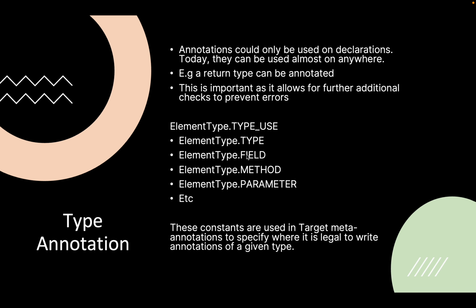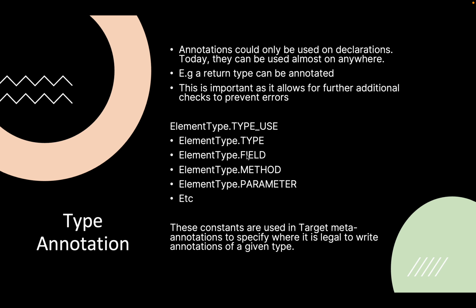Annotations could also be used on declarations. However, today they can be used almost anywhere. For example, you can apply an annotation on a return type, or on a return of the value.